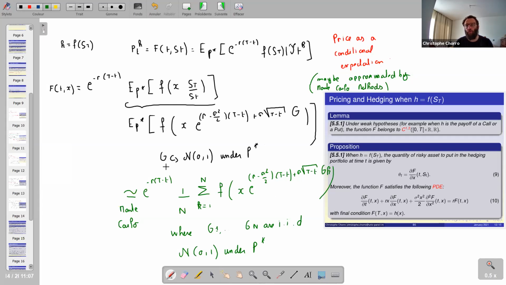So you have a purely probabilistic way to approximate the price of a contingent claim in the Black and Scholes model, using Monte Carlo methodology. It's the first point of view that may be nice in some situations when we are not able to compute this price explicitly. We have a way to approximate.